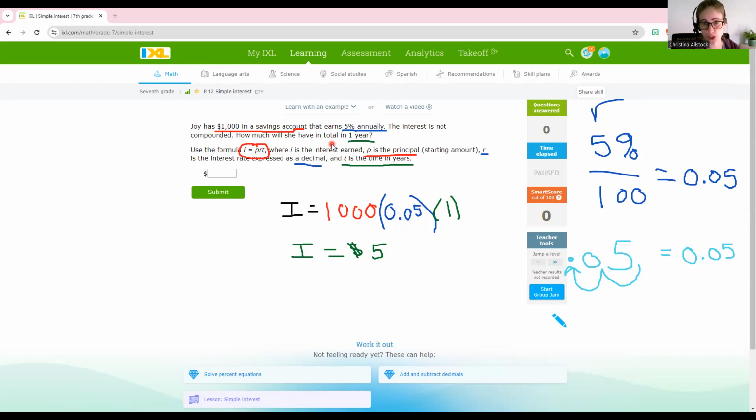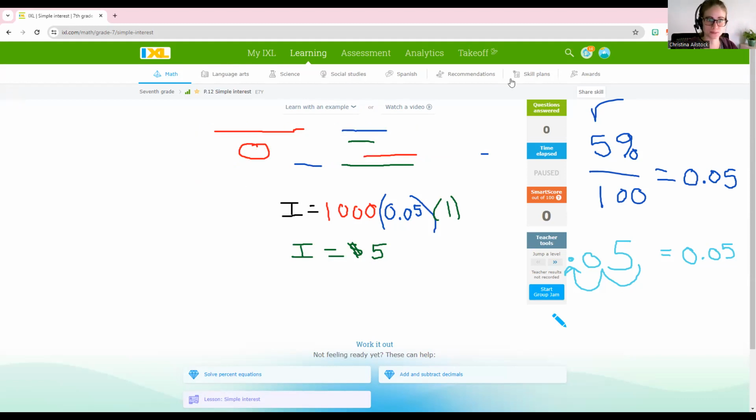That means we have one more step, and that's going to be add. We're going to take the principal, so the original amount of money she has, and add on to that the interest. So $1,000 plus $5 would give us $1,005. That's how much money she will end up having in that account after a year.